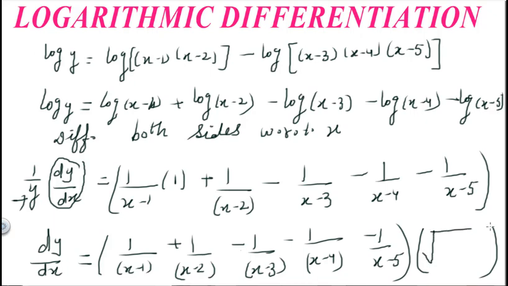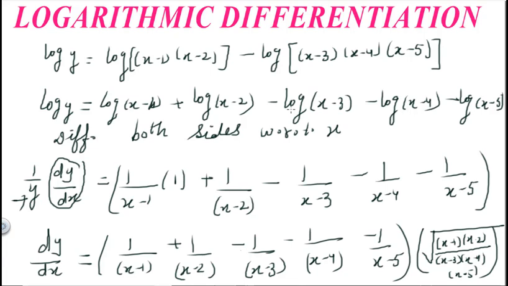Under root we had (x minus 1)(x minus 2), and in the denominator we had (x minus 3)(x minus 4)(x minus 5). So this is how you are going to solve, or how logarithmic differentiation makes it easier and less time consuming for you to solve the questions of differentiation.